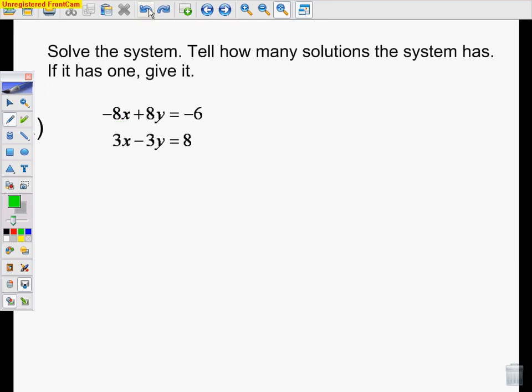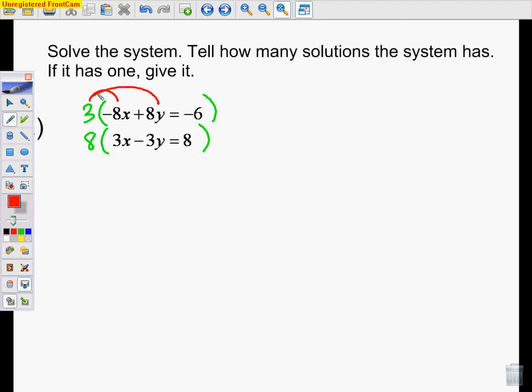For something to eliminate, one has to be positive and one negative. They have to be opposites. So what would I need to multiply this negative 8 by to get negative 24? 3. What would I need to multiply this 3 by to get positive 24? 8.